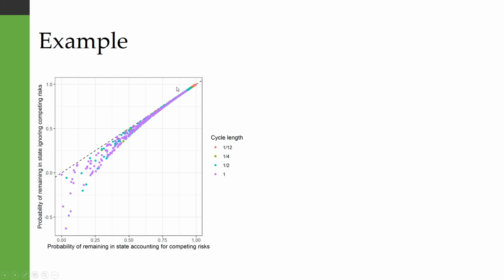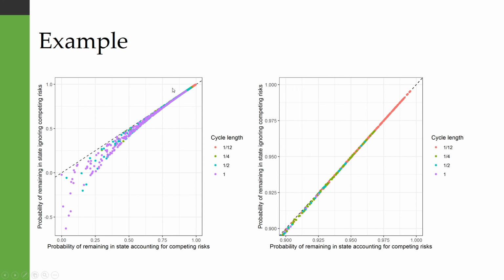And if I actually zoom in on that part of the graph, you'll see it's pretty impossible to distinguish the probabilities when you're up in that area where the probability of remaining in the state is 0.95 or higher. So that's why I had that rule of thumb earlier.